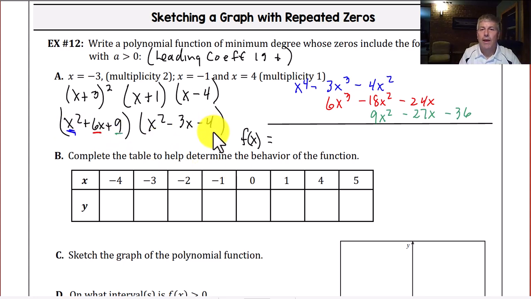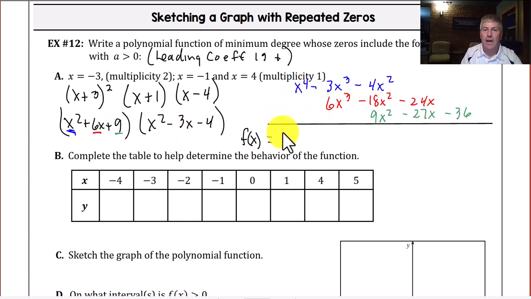So multiplying or FOILing these two trinomials, I'm going to take the x squared in blue and multiply it by all three in the right-hand factor. Then I'm going to take the 6x in red and multiply it by all three. And I'm going to take the 9 and multiply it by all three. I've color-coded this for you. So we get x to the 4th minus 3x cubed minus 4x squared for the blues, the reds, and the greens.